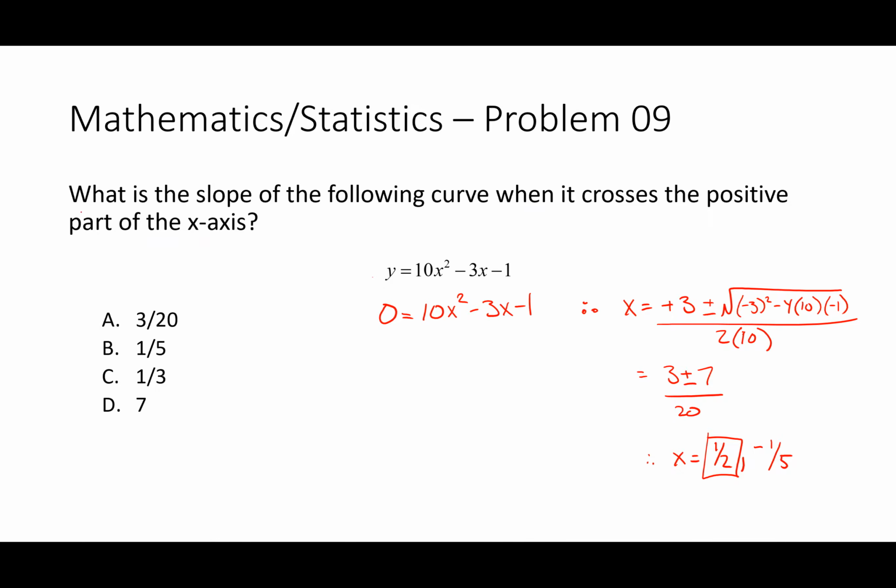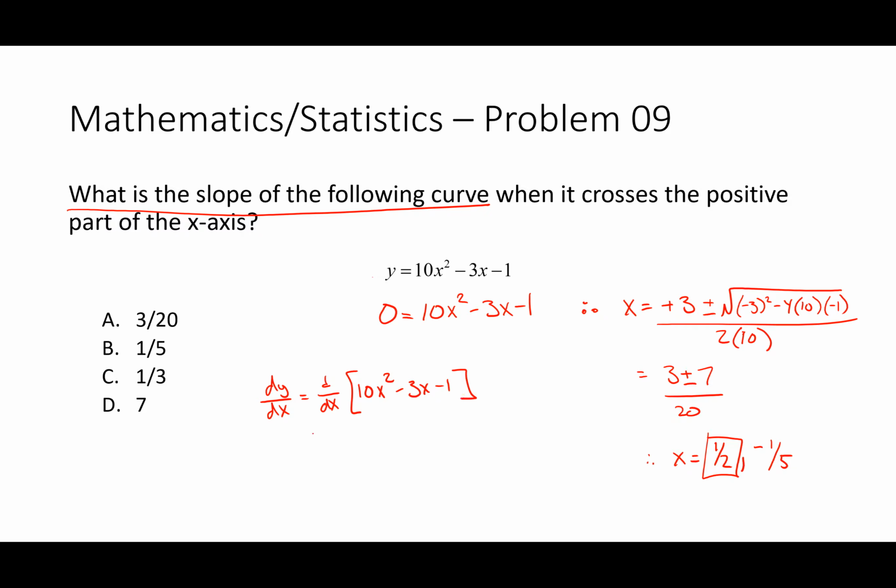What about this part of the question? What is the slope of the curve? Well, how do you find the slope of the curve? You take the derivative. So what is the derivative of 10x squared minus 3x minus 1?